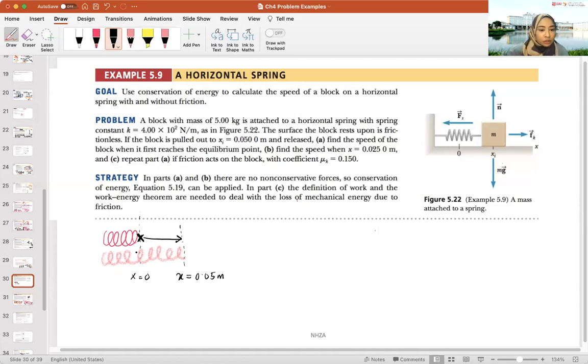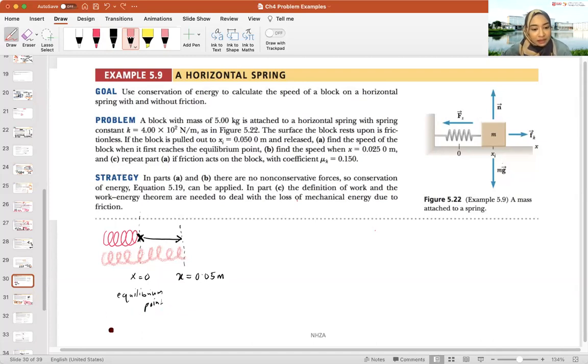So when we are not doing anything to the spring, the displacement is x equals to 0. We also call this as equilibrium point.